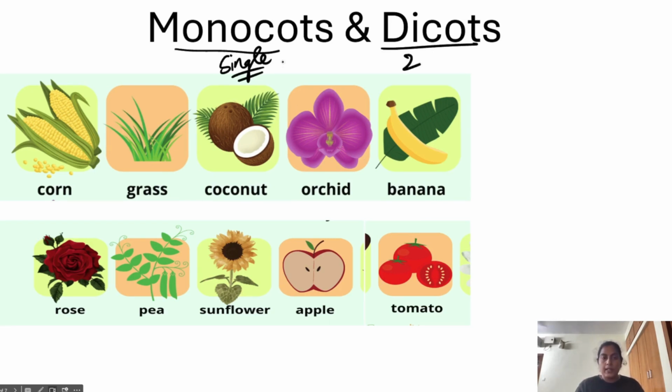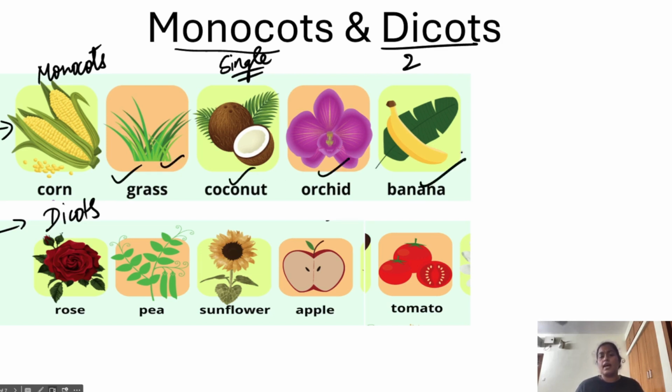Di means two, right? So monocots, the best example. The first line, these are examples of monocots. And the second line are the examples of dicots. So monocots, if you see, corn, grass, coconut, orchid, banana. I would request you to remember two more. So you can remember rice and wheat. Okay.